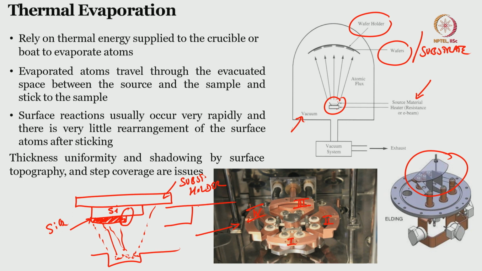The material will not get deposited properly on the step area, and that is why step coverage in thermal evaporation or e-beam evaporation is an issue, which is not as much the case with sputtering, and even better than sputtering for step coverage is chemical vapor deposition.